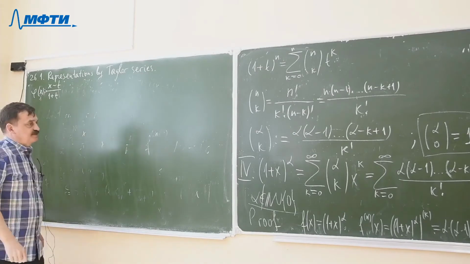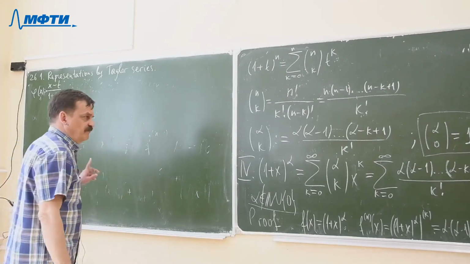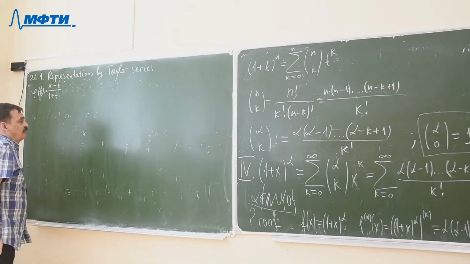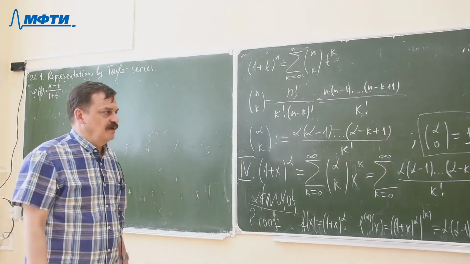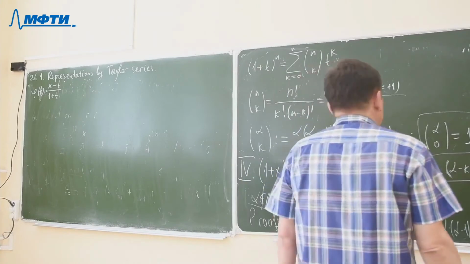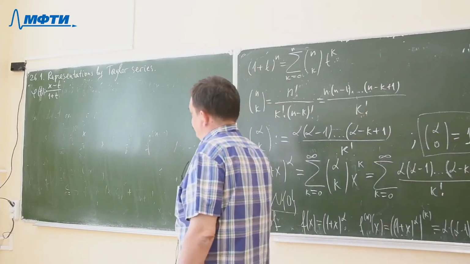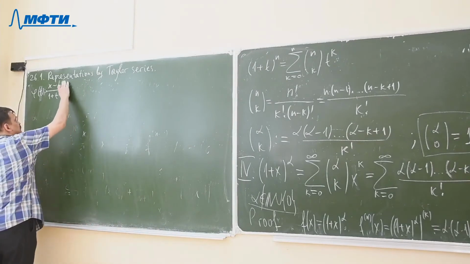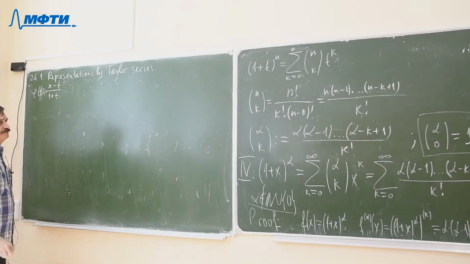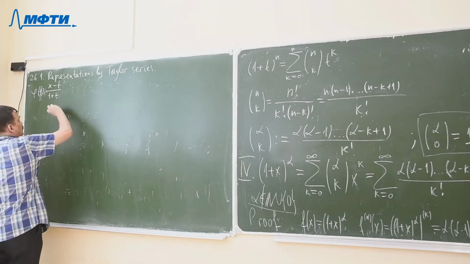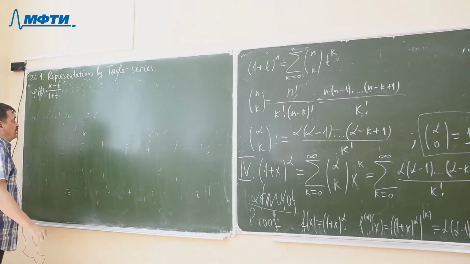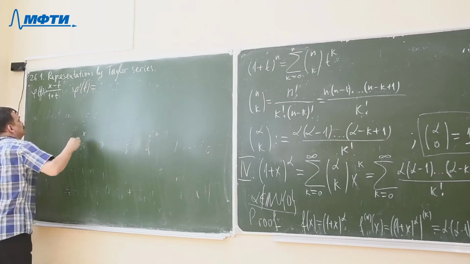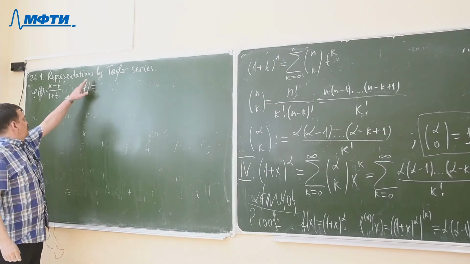So by definition, x is fixed. Phi of t is (x minus t) over (1 plus t). Let us try to estimate this function when t is between 0 and x. So, let me compute phi prime of t. Remember, x is fixed.